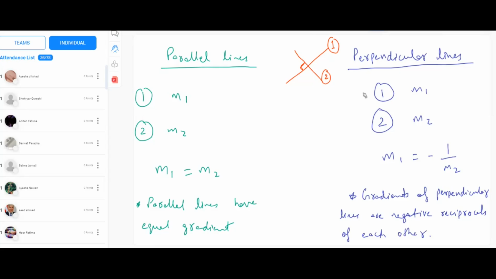Gradients of perpendicular lines are negative reciprocals of each other. Now let me explain what that means.